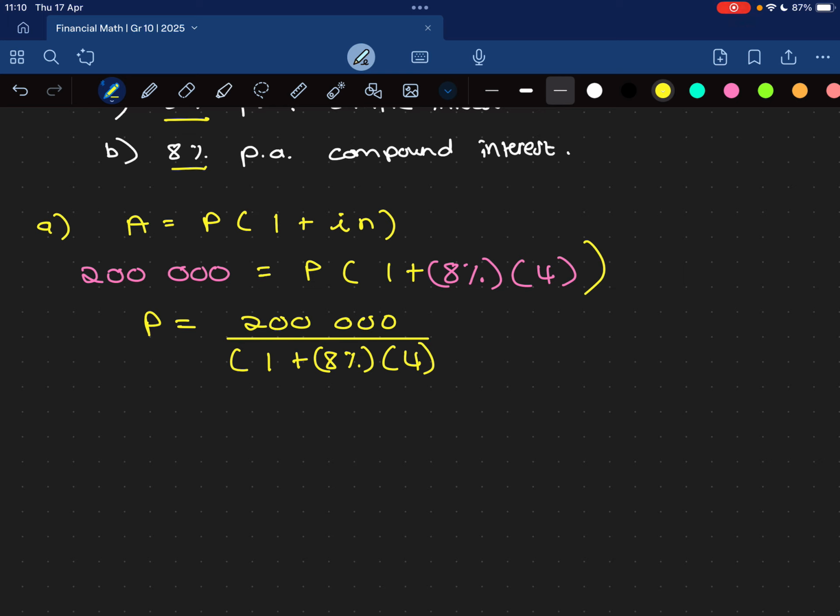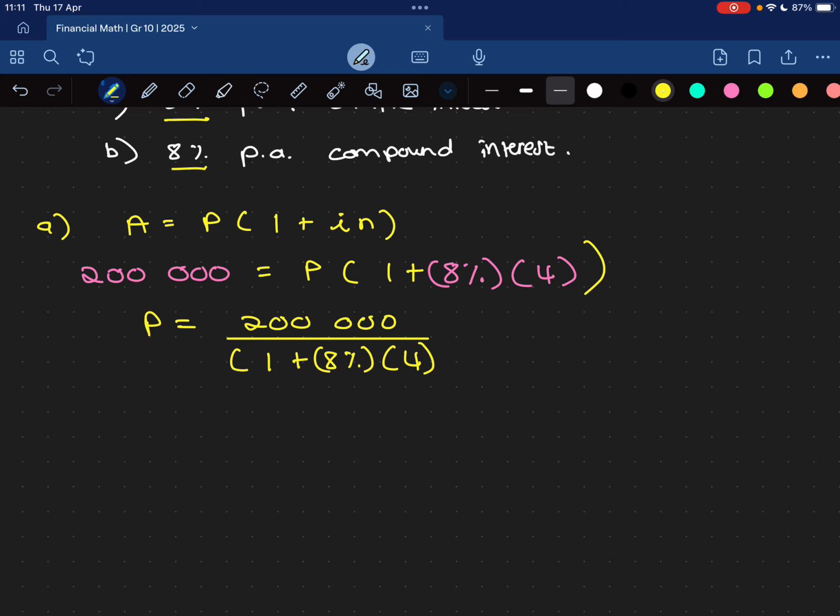Okay, make sure that you compute this on your calculator, because these numbers are quite big. So you want to make sure that you are working on the calculator skill, because there's no point in doing it and then you realize, oh well, this actually isn't working, I'm not getting the answer that I'm supposed to.